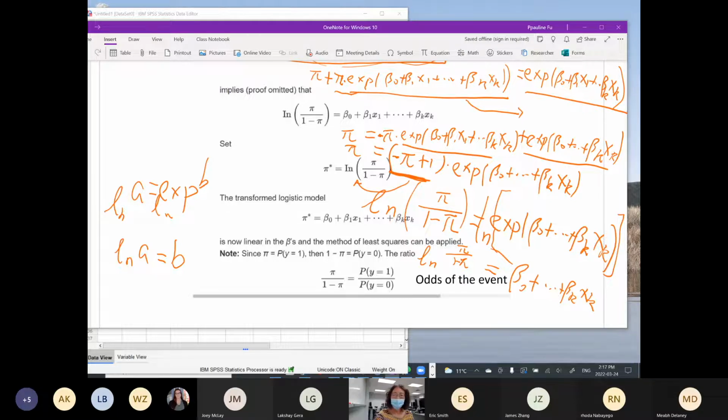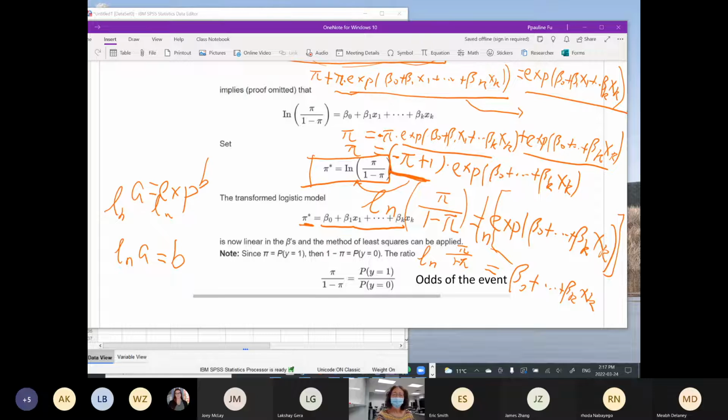If I use pi star to represent beta 0 plus ... plus beta k xk, I get the equation here. So this is how I get this point.